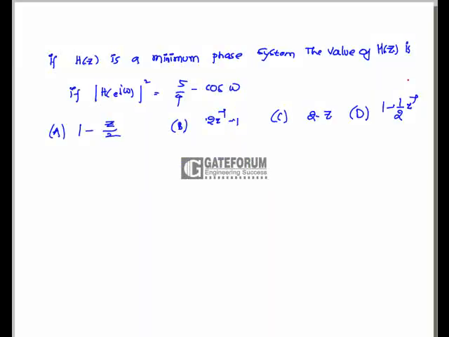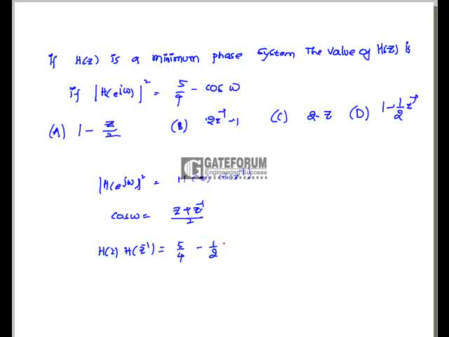That is option D. Minimum phase system: see, H of e power j omega is written in the z domain as H of z inverse. Here cos omega is nothing but z plus z inverse by 2. That is, H of z inverse is equal to 5 by 4 minus 1 by 2 times z plus z inverse.